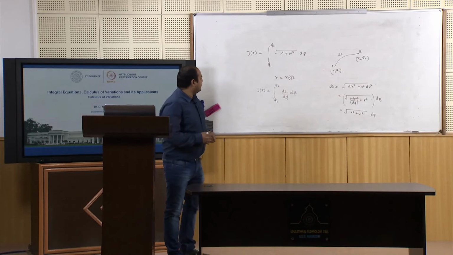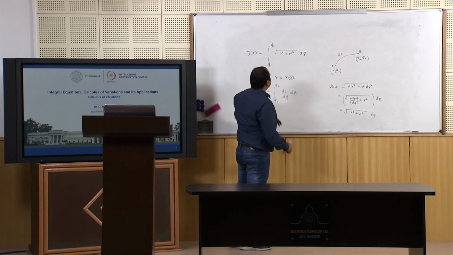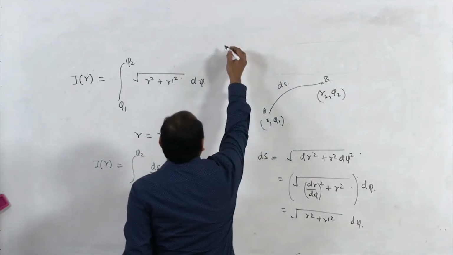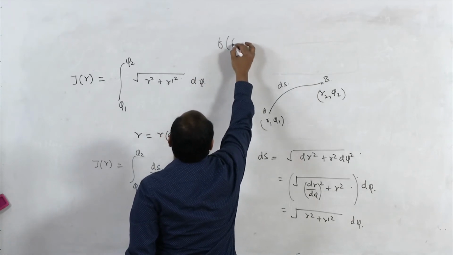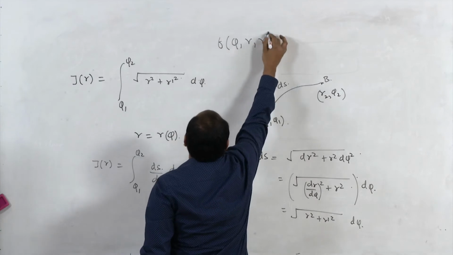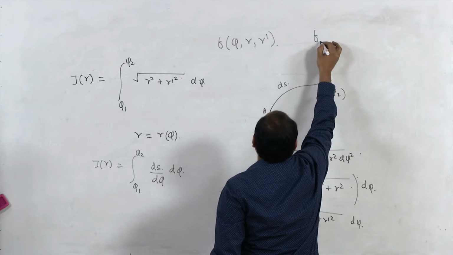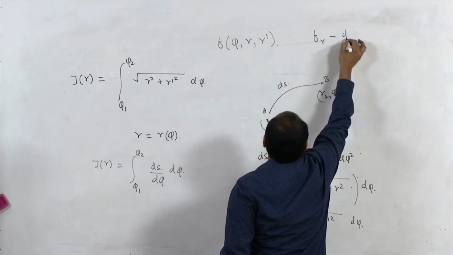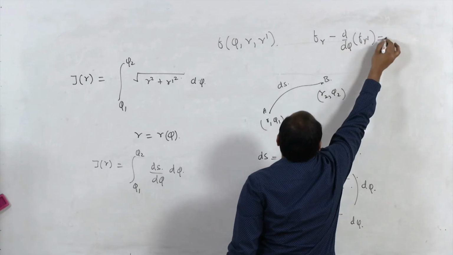If you look at it with the help of invariance of Euler's equation in this form, f is a function of phi, r and r dash, and in this case Euler's equation is written as f sub r minus d by d phi of f sub r dash equal to 0.